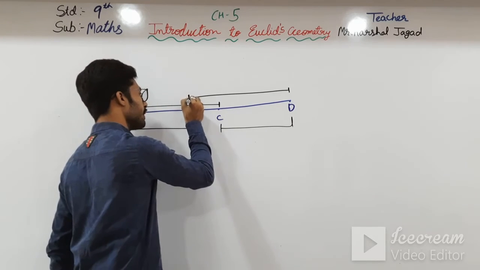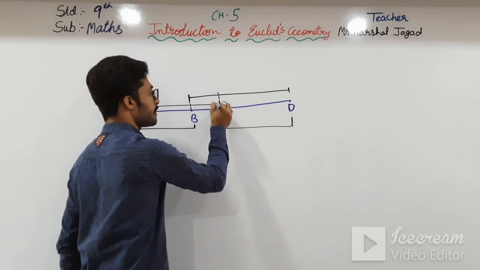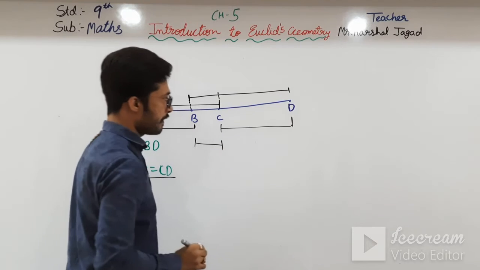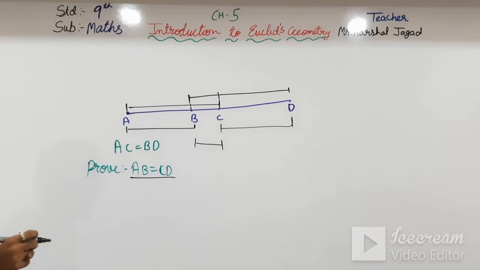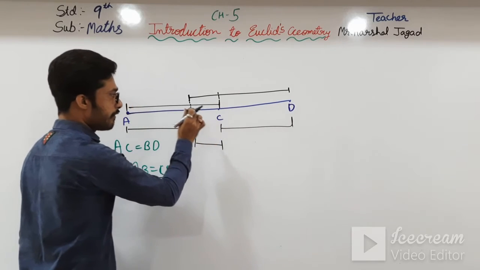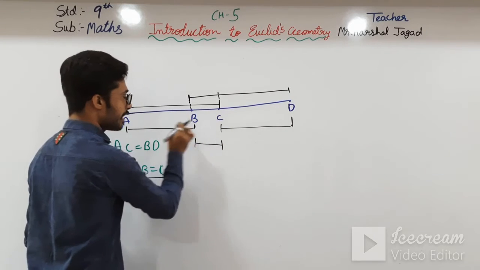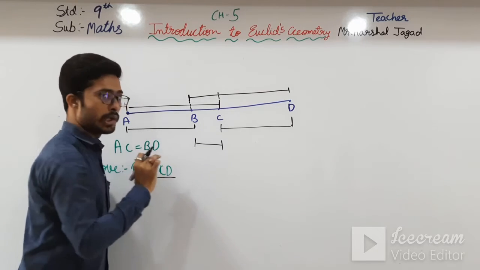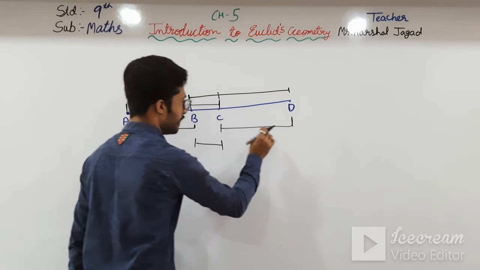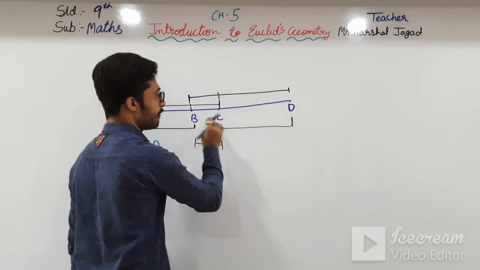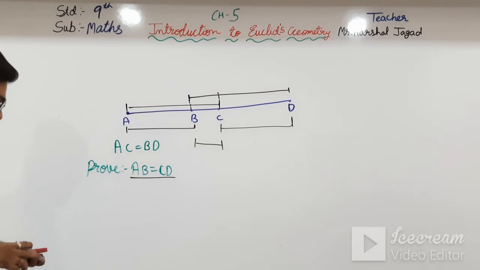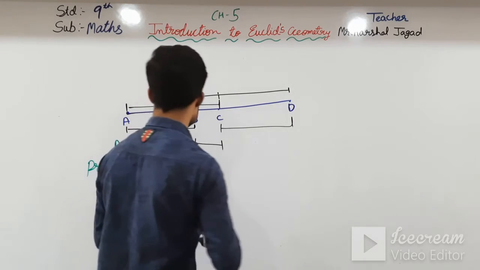You can see here the difference of this line, that is this much. So if I cut BC from AC, then I will get AB. And if I cut BC from BD, then what will I get?